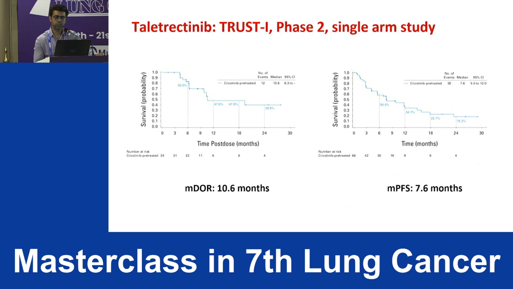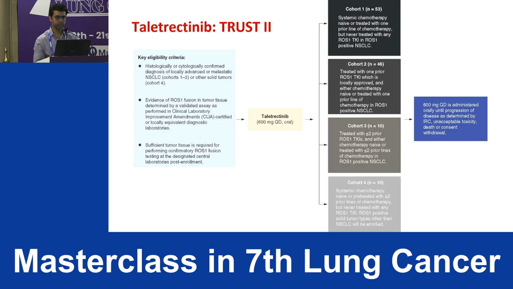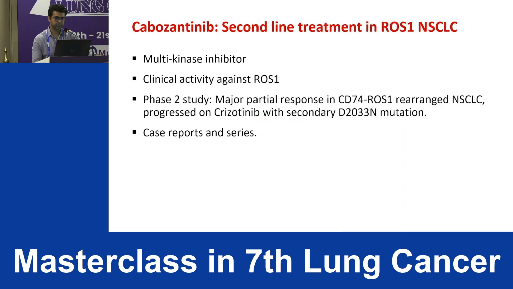The median duration of response was 10.6 months, and median PFS was 7.6 months. There is another trial going on, the TRUST-2 trial, which is a larger trial where cohort 2 and cohort 3 have patients who have been previously treated with ROS1 TKIs, although the results are still pending.